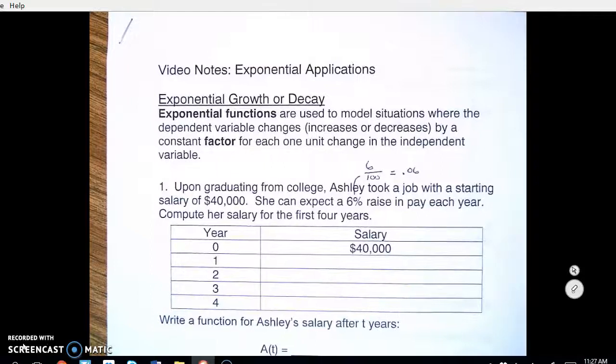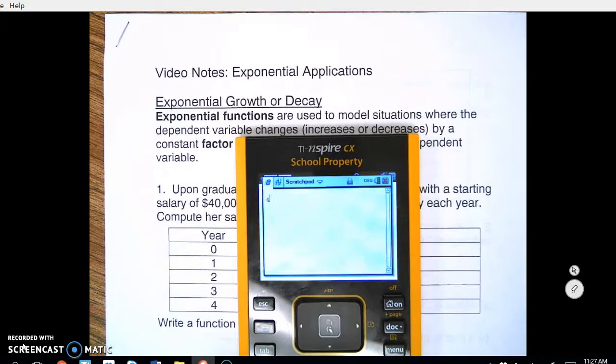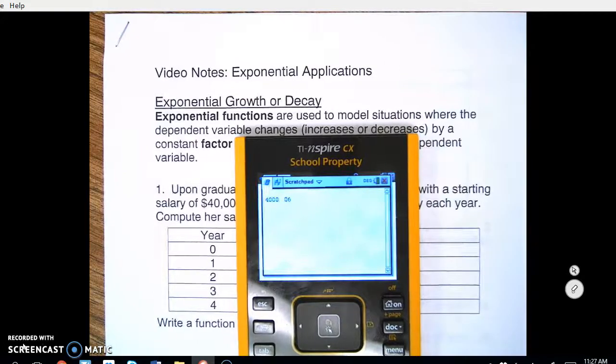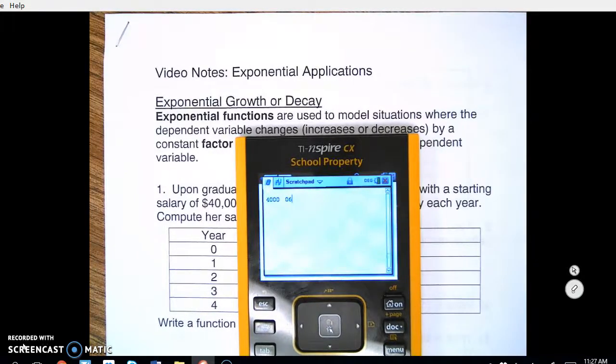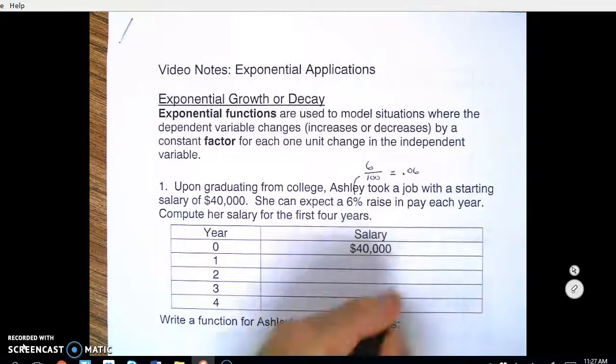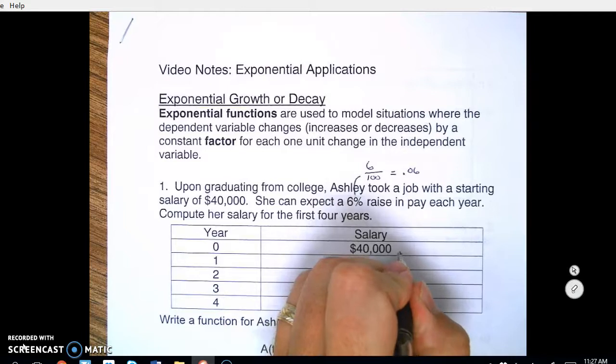So taking 40,000 times our 6%, and I missed a 0 in there. Press enter. So she increased her salary after 1 year by $2,400.